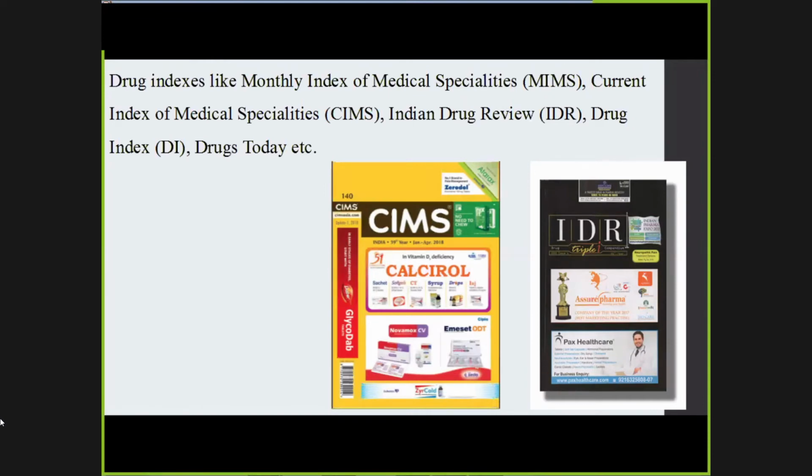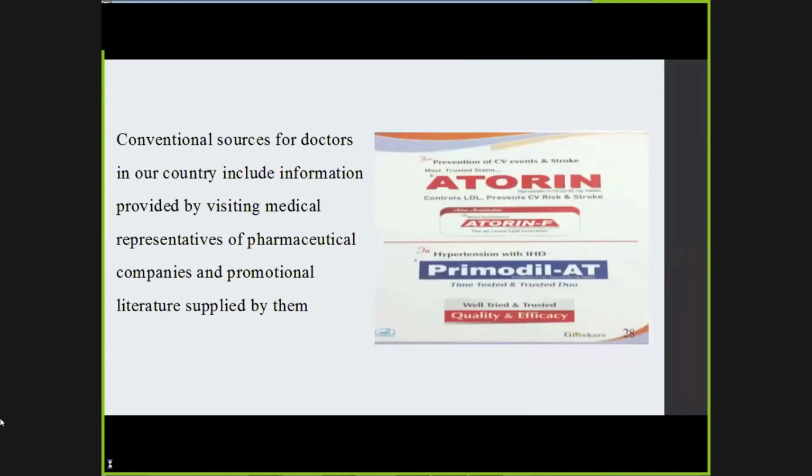All these books will keep you updated on newer brands of various drugs coming into the market. In these books, you will find various brands of various drugs along with their dose, their indications, the schedule they are in, and their contraindications and adverse effects. So for an authentic source of drug information, you can refer to these books also.